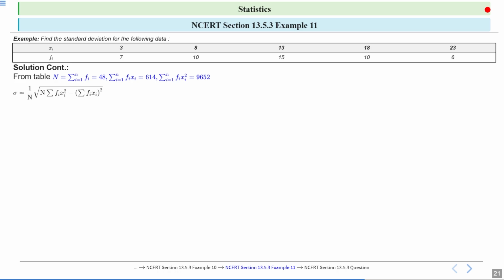The standard deviation formula is sigma equal to 1 divided by n times the square root of n times the sum of fi times xi squared, minus the sum of fi times xi, whole squared. So let's substitute our values into the formula. So we have sigma equal to 1 by 48 times the square root of 48 times 9652 minus 614 whole squared.